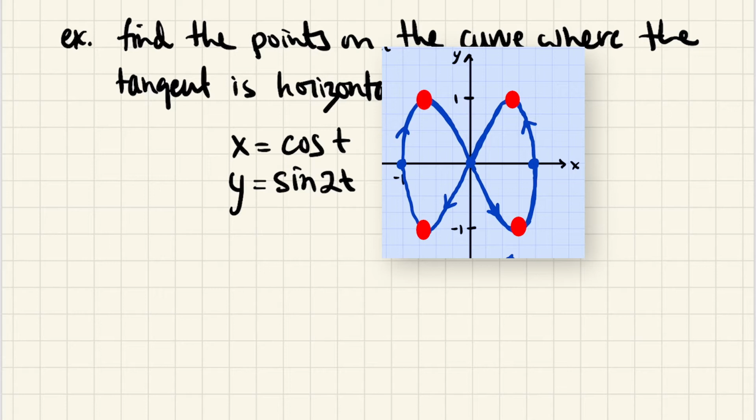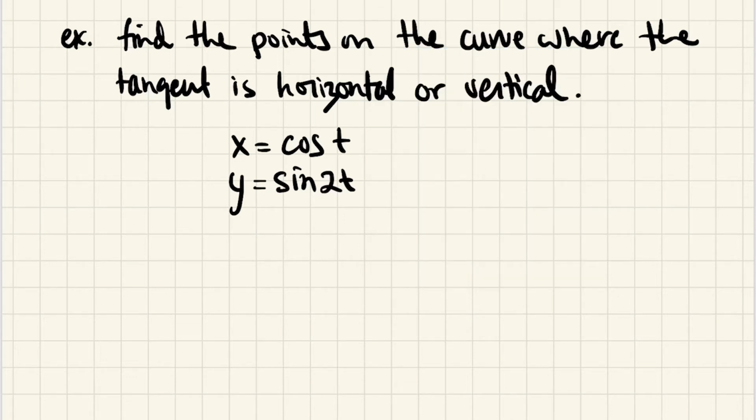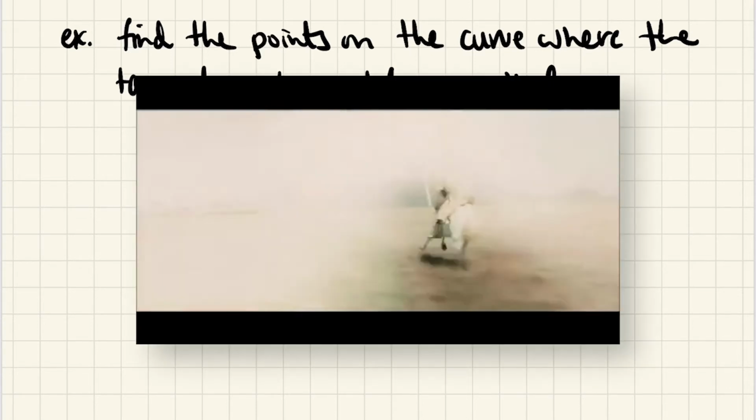Obviously, these are the points where the tangent is horizontal, and these are the points where the tangent is vertical. So what exactly are the coordinates of these points? Well, we're going to conclusively establish what the coordinates are using calculus.